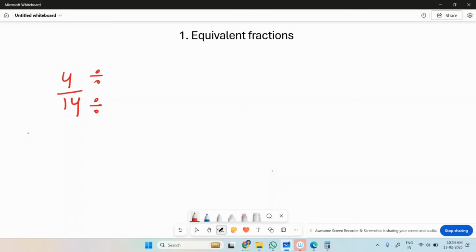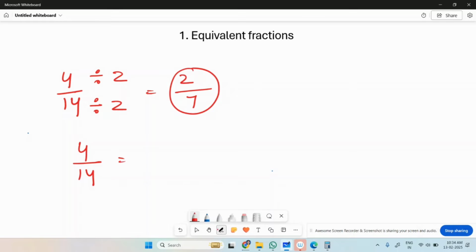Here both 4 and 14 are in the 2 times table. So let's divide by 2. 4 divided by 2 is 2, 14 divided by 2 is 7. We got 2 upon 7. So the equivalent fraction of 4 upon 14 is 2 upon 7. What did we observe here? Either we multiply or we divide to get its equivalent fraction.